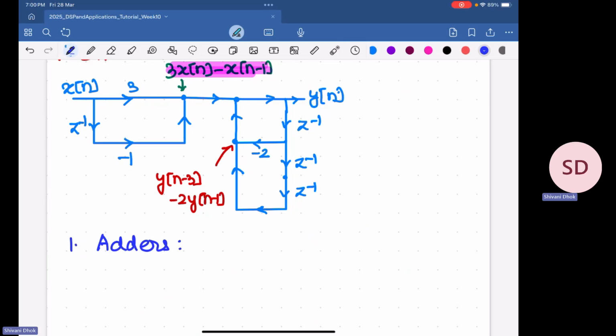In that fashion, how many do we have? One is here, here, then another one is here, then we have an adder here also, and then we have here. So number of adders is equal to 3.